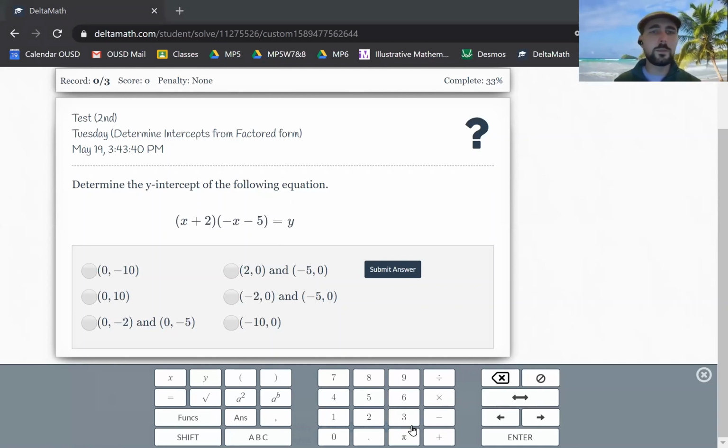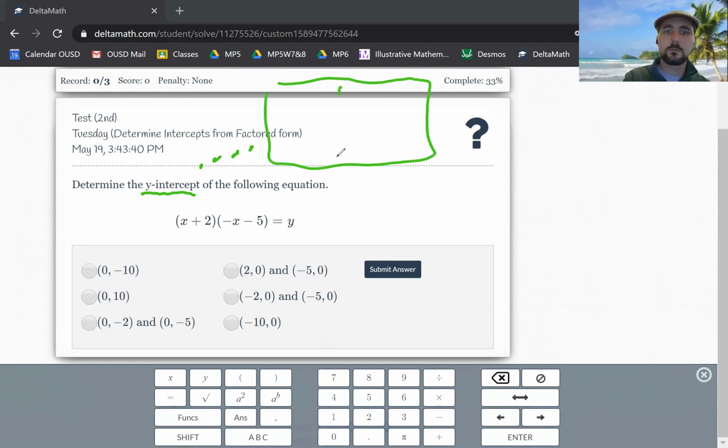Okay, so really quickly, let's talk about what we mean by some of these. So it says determine the y-intercept. So if we're thinking about a parabola, and I'll just make kind of like a generic parabola shape.